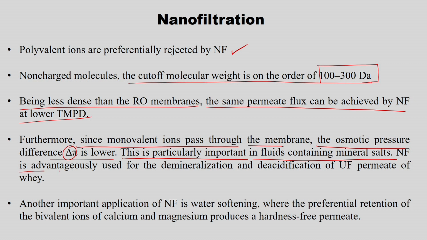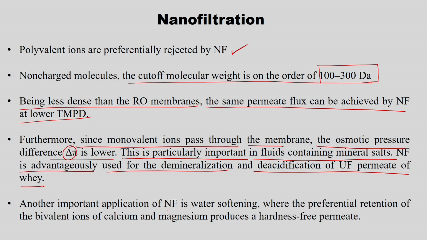Nanofiltration is advantageously used for demineralization and deacidification of UF permeate of whey, right. The permeate of whey which comes out of the ultrafiltration can be further deacidified using a nanofiltration membrane.